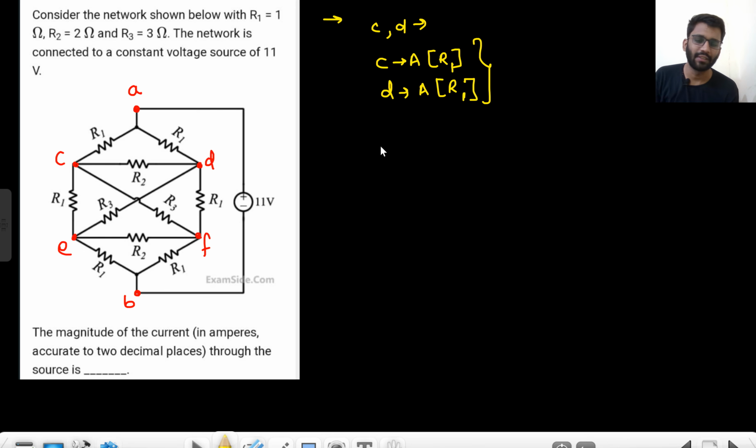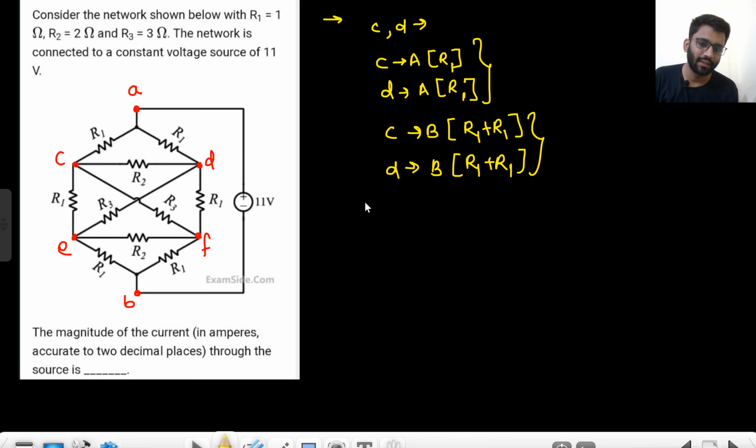Well and good, matched. From C to B, you will find R1 plus R1. And D to B, you will find R1 plus R1. Matched. Well and good. C and D are equipotential.